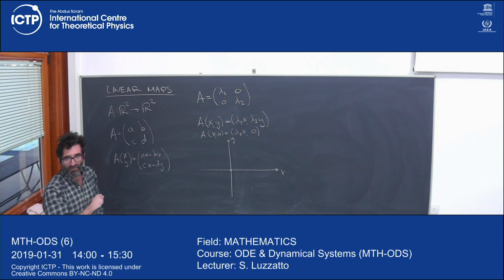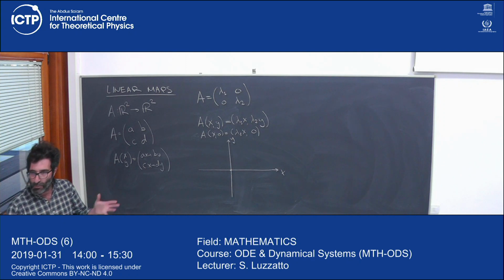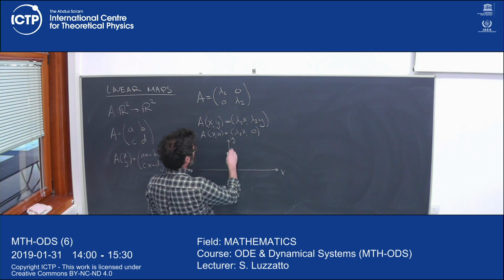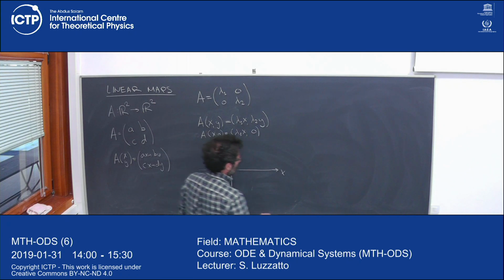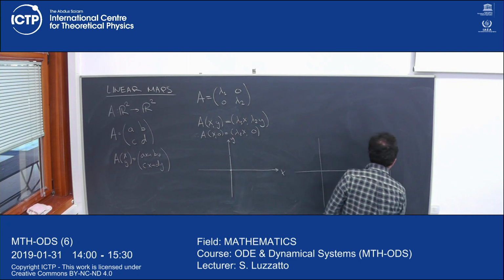So what are the various possibilities? You remember all the options, right? We looked at various cases: lambda 1 between 0 and 1, lambda 1 bigger than 1, lambda 1 equals 1, all these cases. And the same thing on the y-axis. So let's look at some different possibilities when we combine.